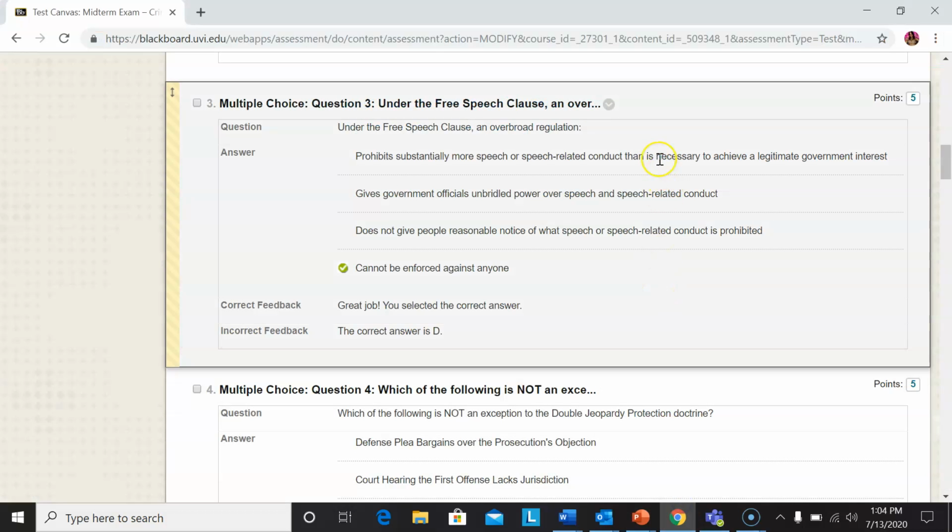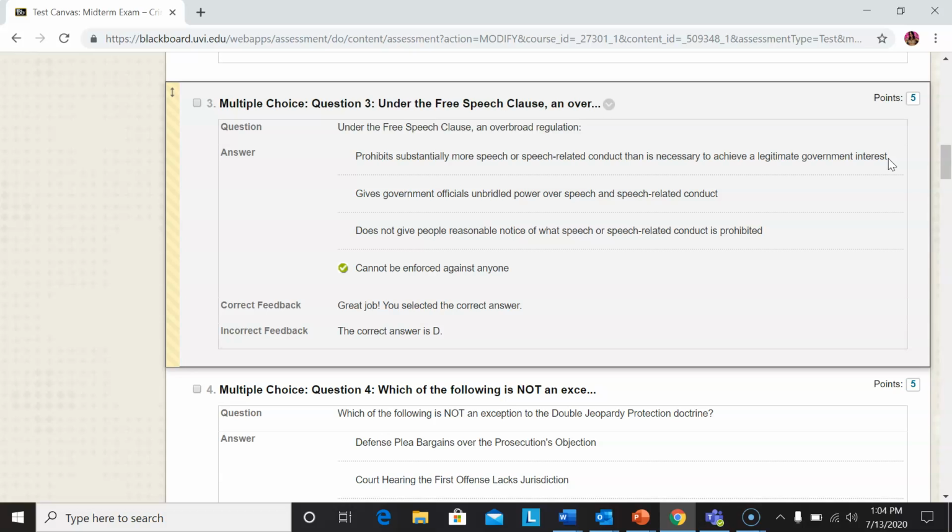In your question, it says necessary to achieve a legitimate government interest. So this part of the question is wrong because it has incorrectly stated the test for strict scrutiny, and strict scrutiny is what must be used to determine whether the regulation is constitutional or not.